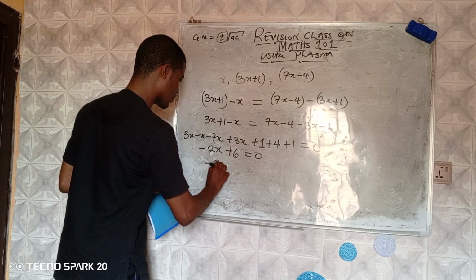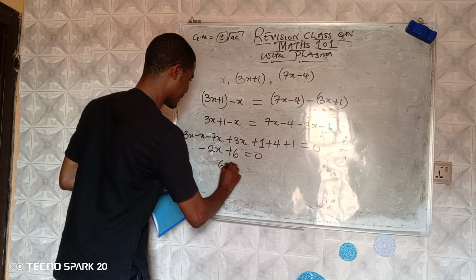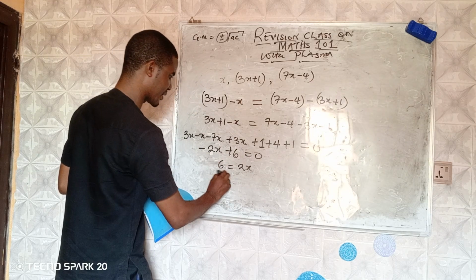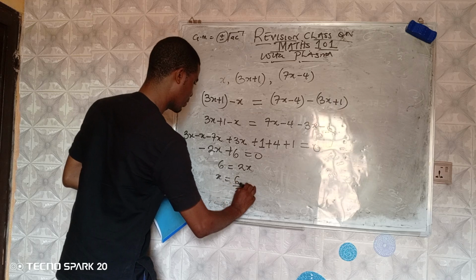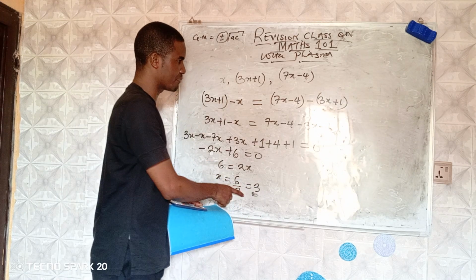So that I have minus 2x plus 6 equals 0, or I can say 6 is equal to 2x. Carry 2x to the other side to make it positive, so that x becomes 6 over 2, which will give me 3. So you see, I've got the value of my x to become 3.